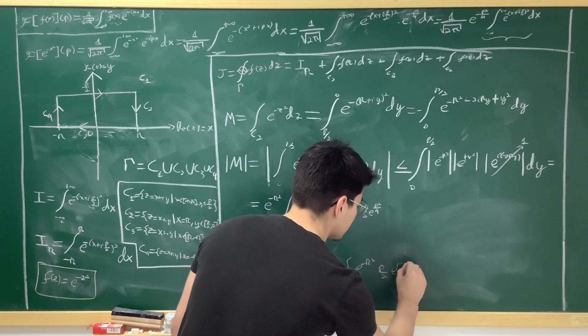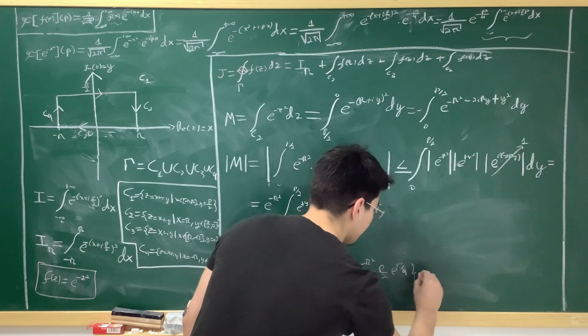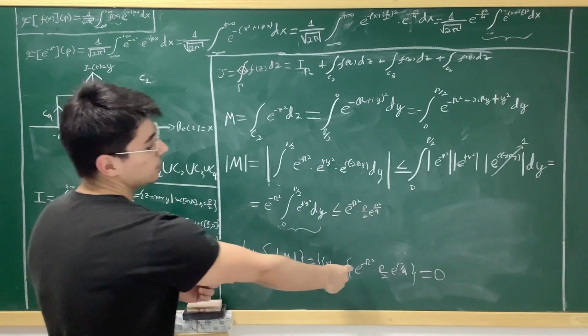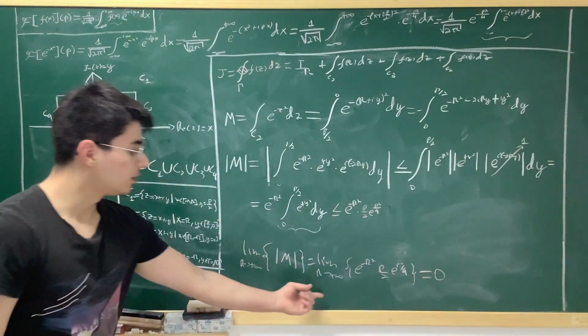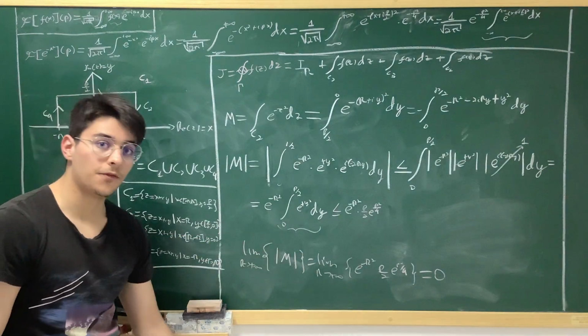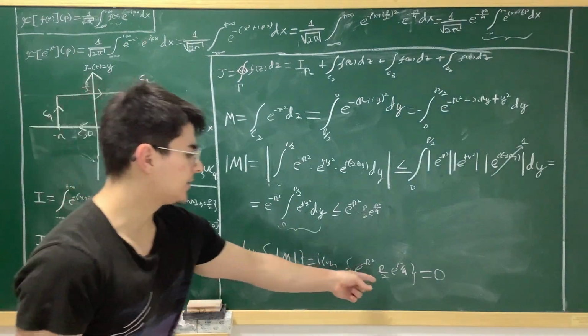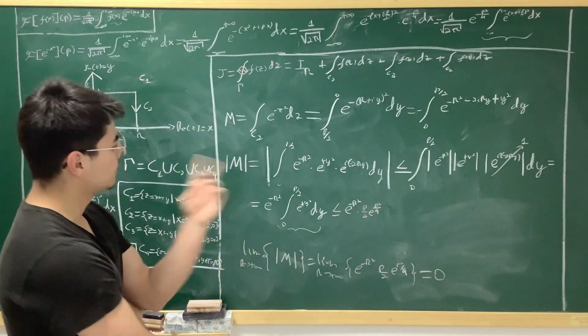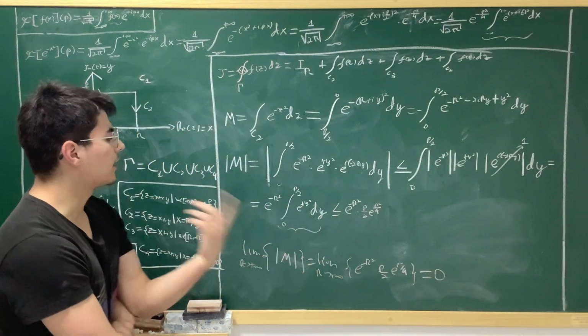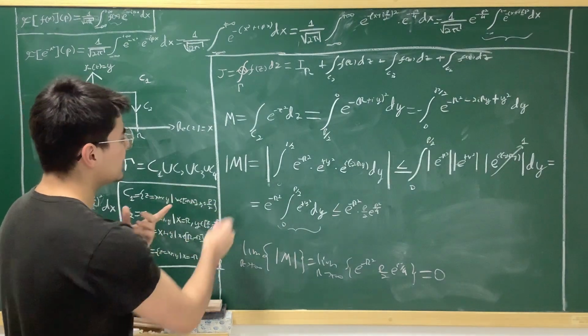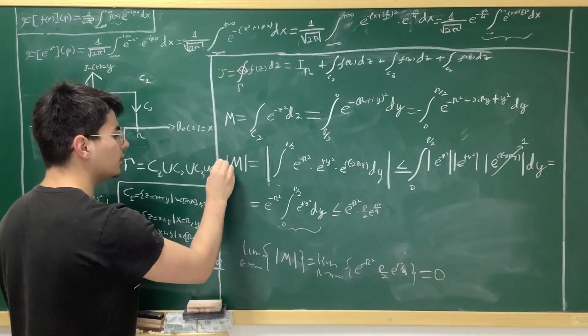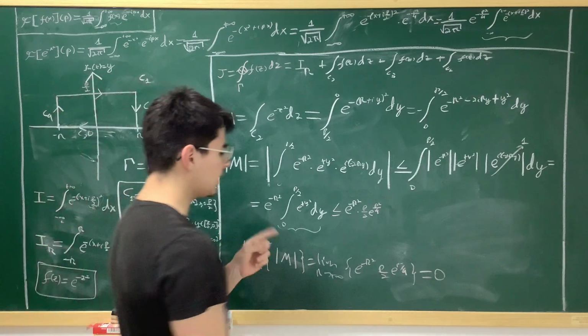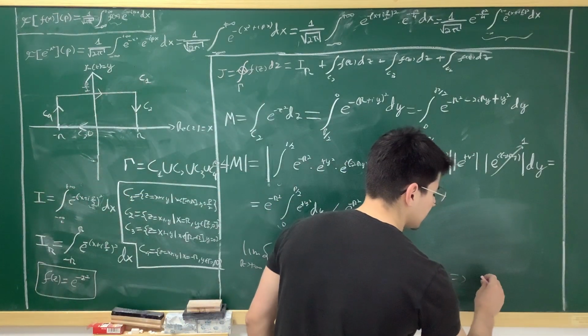Because e to the p squared over 4 is going to 0, since this is a negative exponential. E to the minus infinity is going to 0. And this doesn't matter because it's just a constant, so it goes to 0. But the definition of a modulus, of an absolute value, is that it has to be greater than or equal to 0.